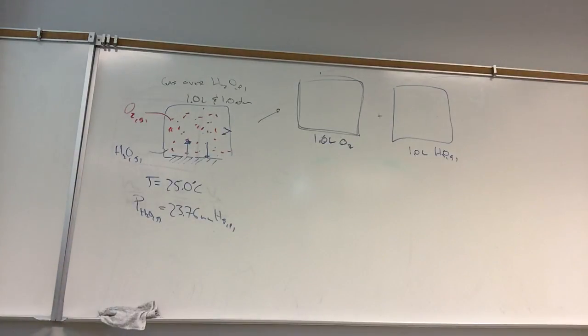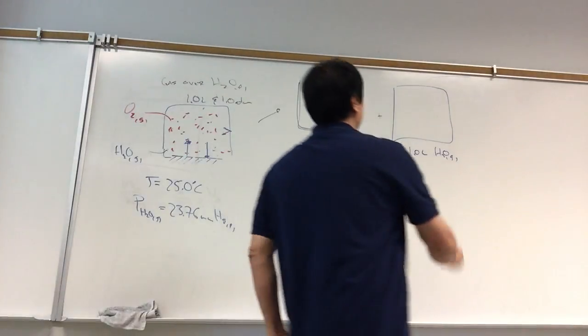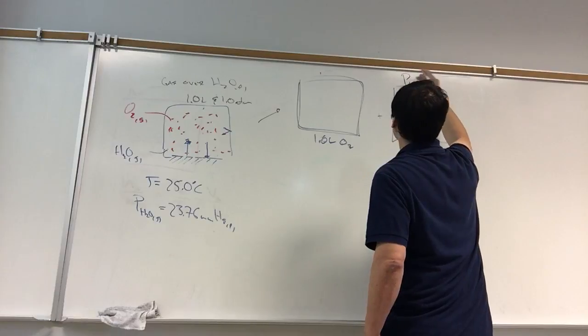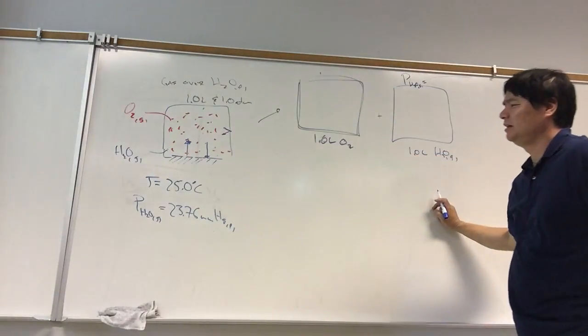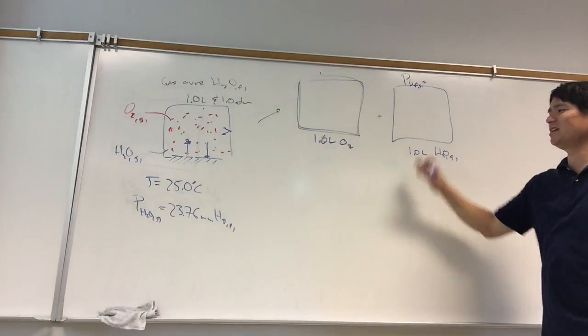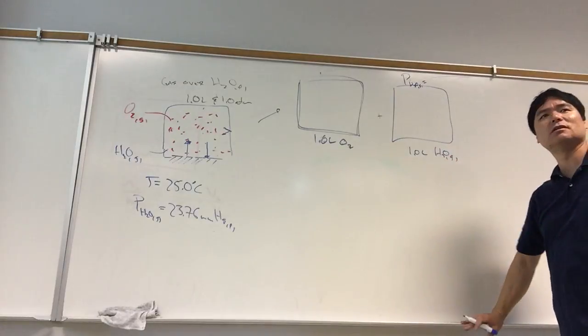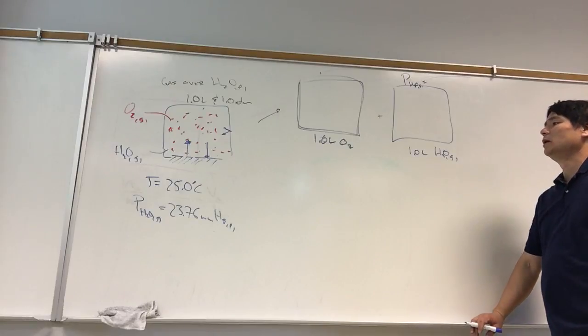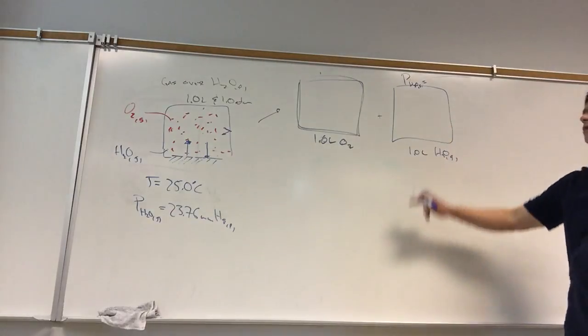Yeah, let's figure it out. Well, actually, let's do water. Water's easy. The pressure of the water vapor in here, is it still going to be the same? Is it still going to be 23.76? We got rid of all the oxygen. So will it still be 23.76? What is the pressure of H2O gas?